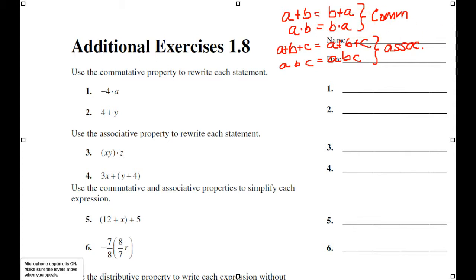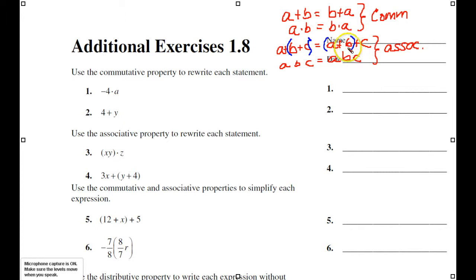Now in this next one, we see (A plus B) plus C equals A plus (B plus C). These are actually the same. What I'm going to do here is take these two and put parentheses around them, and now I'm going to put the parentheses around these two.